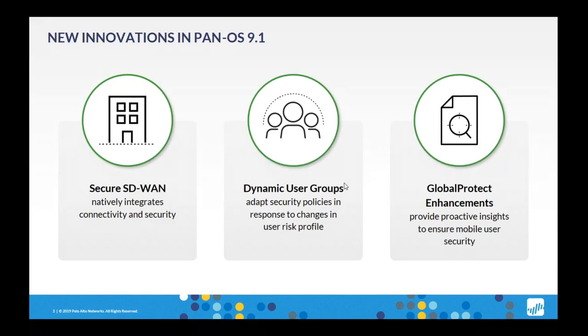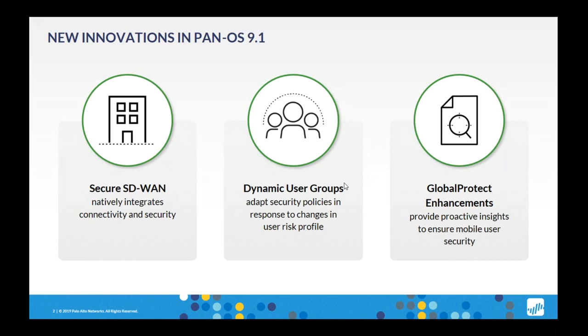Dynamic user groups are more adaptive, I would say, in terms of security policy and user group mapping. Normally, even with Palo Alto Networks before, the security policies were based on user group, but not on behavior. It was more static.